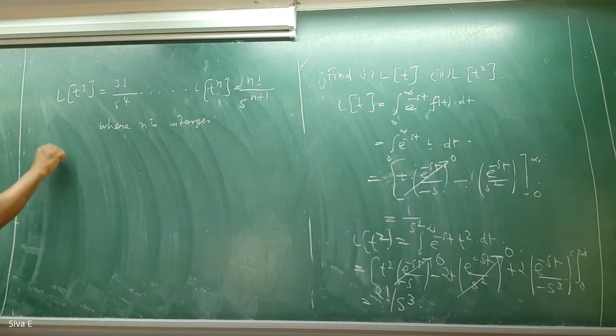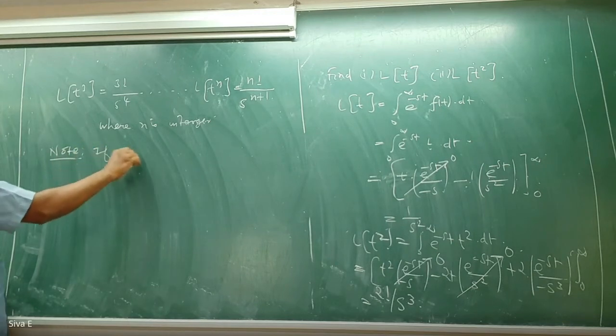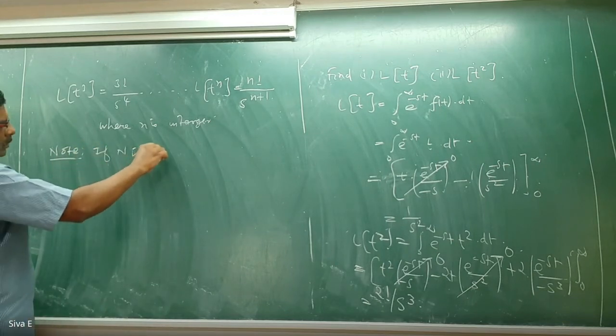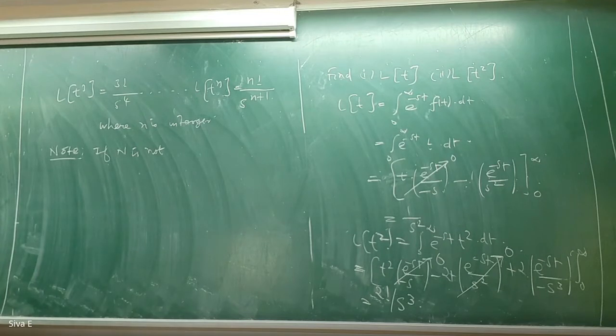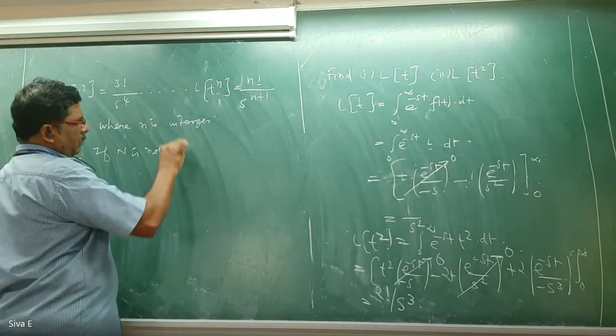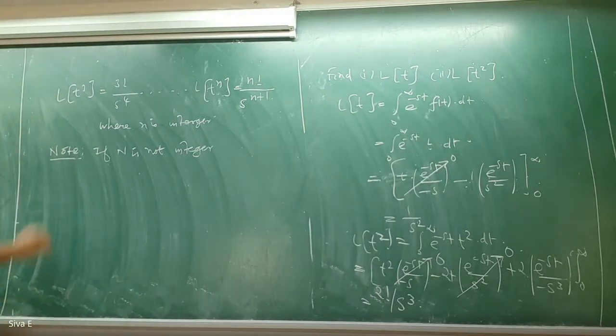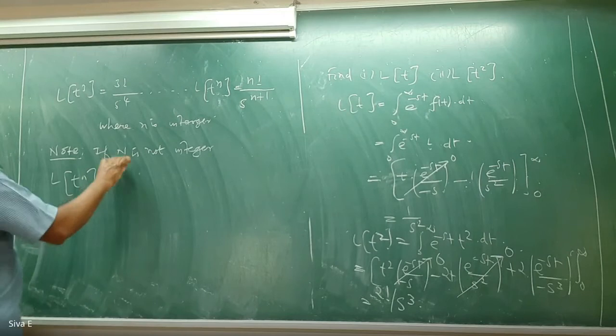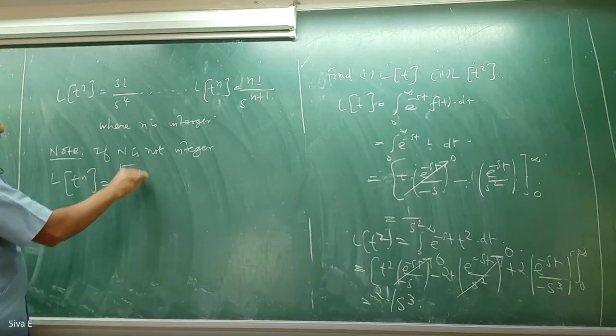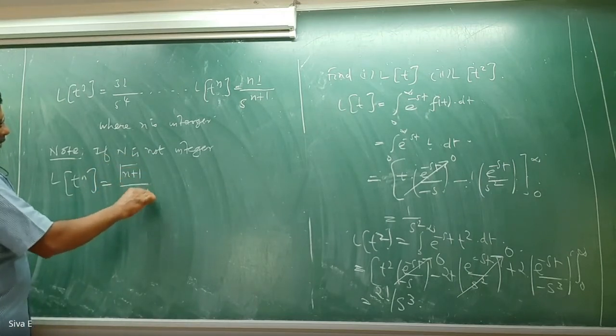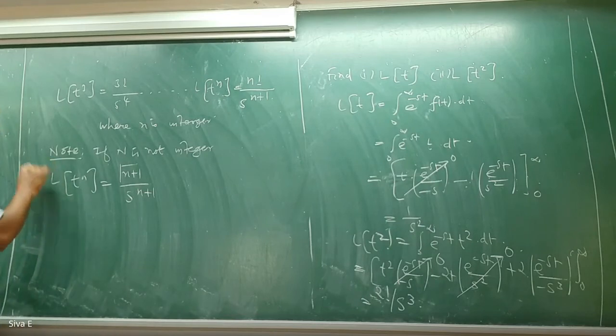If n is not an integer, then the Laplace transform of t power n is equal to gamma of n plus 1 by s power n plus 1. It's an important MCQ.